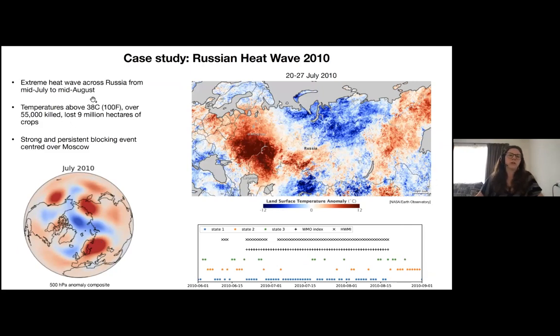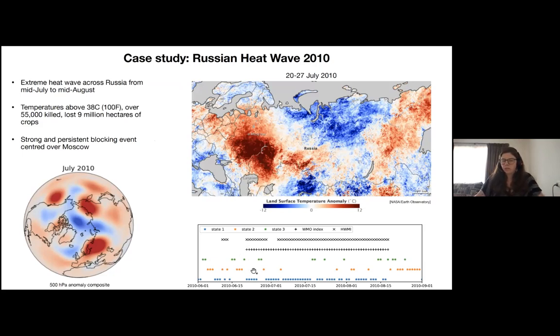And it caused an extreme heat wave from mid-July to mid-August, so a very long time period with very high temperatures. I don't really need to tell Australians about the impacts of heat waves, but millions of crops were lost, and people lost their lives because of it. And as I said, it was characterized by that strong and persistent blocking event centered over Moscow.